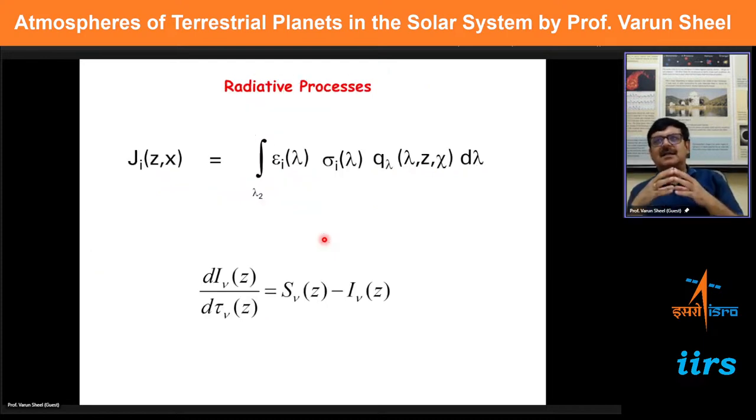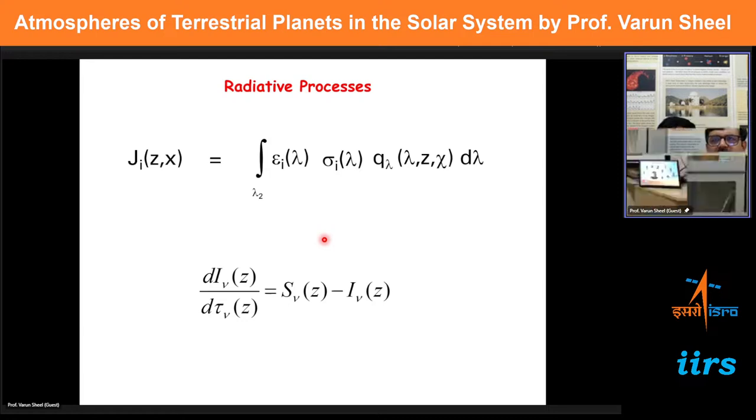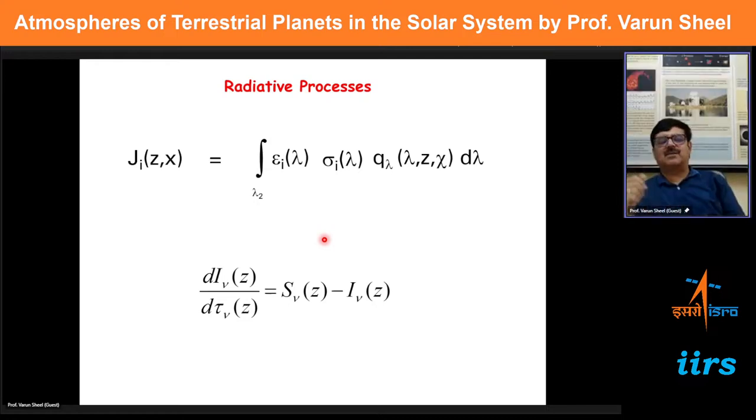The next area which we would like to study by theoretical methods is other radiative processes, as I said. And one of the important things which I said is that photo dissociation occurs. For example, when solar radiation hits the oxygen molecule, it dissociates into two oxygen atoms, and that is how you form ozone naturally in the atmosphere.